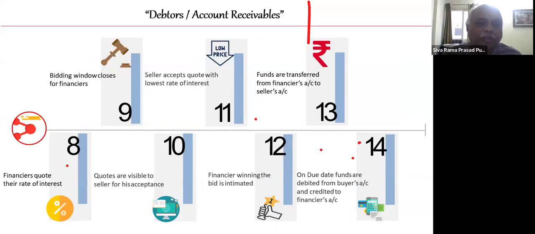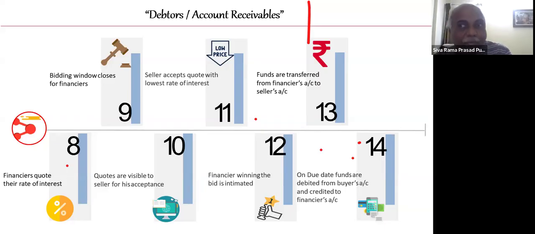The bidding window closes. Quotes are visible to the seller, and the seller accepts whoever quoted the lowest. The financier winning the bid immediately pays the amount to the seller, that is the corporate debtor. On the due date, the financier will recover the amount from the buyer.